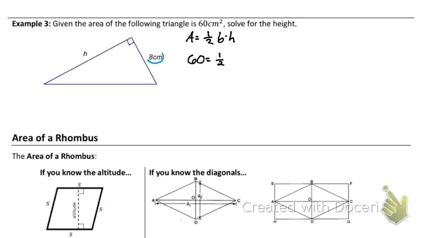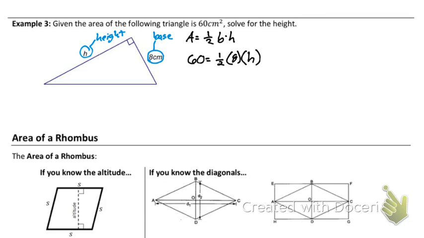So let's go ahead and call 8 our base in this case. That's going to make h my height. Once again, they're forming a 90-degree angle, so we have a base and a height. All right, so we have half of base times height, half of 8 times our height, which is h, which means I need to solve for h.